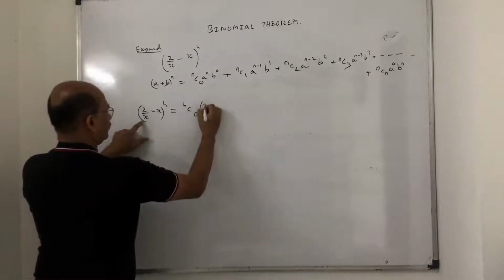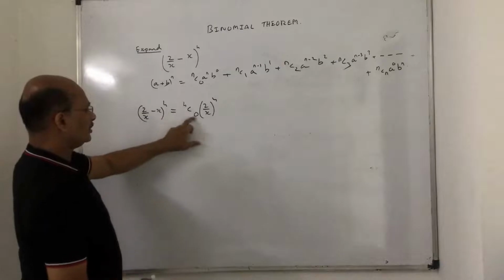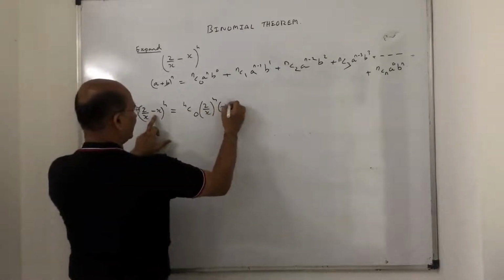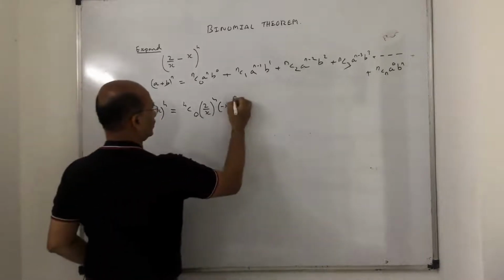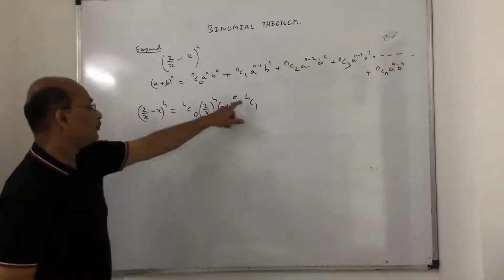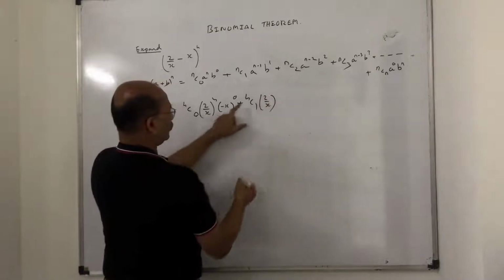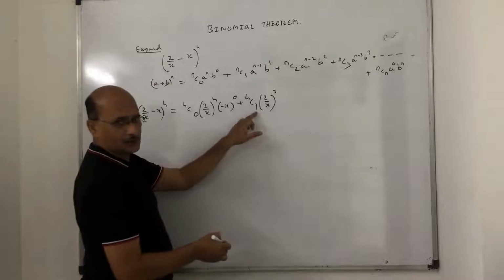First term raised to n, 4C0 raised 4 minus 0 is 4. Second term, put a minus sign, otherwise you will mess up. Minus x raised to 0, plus 4C1. See what is happening? 4C1, first term 2 upon x raised to, see this is 4, this is cube, how? 4 minus 1.